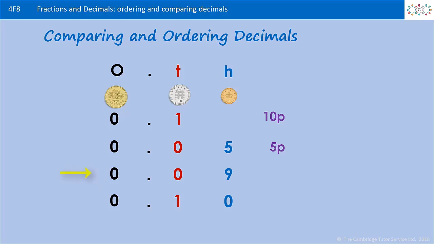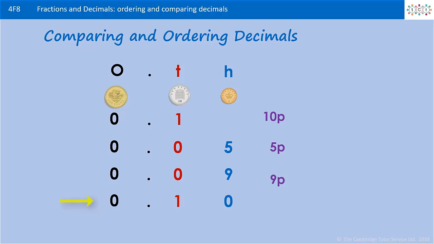0.09, often when we see a 9 digit, we think of it as being bigger than a 1 digit, but the important thing here is that the 9 is in the hundredths column, which is worth less than anything in the tenths column. So 1 in the tenths column is worth 10p, whereas 9 in the hundredths column is just worth 9p.